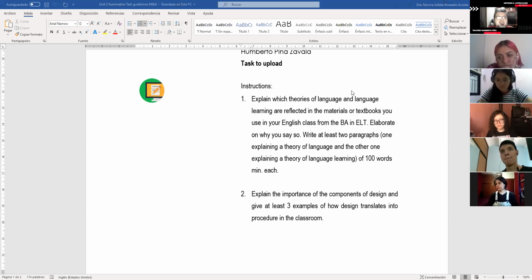Okay, so look at it, and if you feel that there is a lot of grammar, then you may say, well, this is more structural, and you explain the instructions have explicit grammar. There is a lot of individual work. It doesn't really allow or call for group work, projects, tasks that they have to complete together, problems they have to solve.